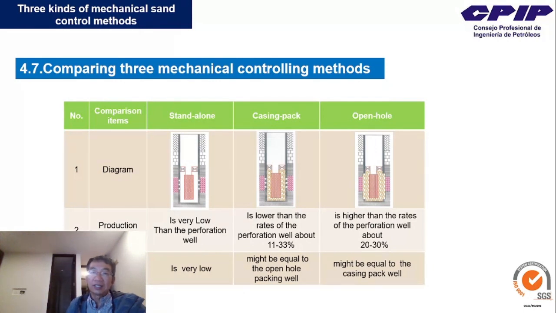For the casing pack, the production rate is lower than the rate of the perforated well, about 11 to 33%, and the cost might be equal to the open hole packing well. And for the open hole, the production rate is higher than the rate of the perforated well, about 20 to 30%, and the cost might be equal to the casing pack well.